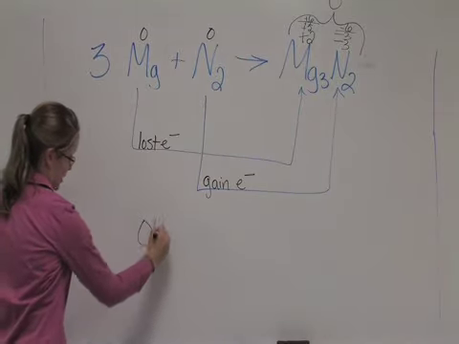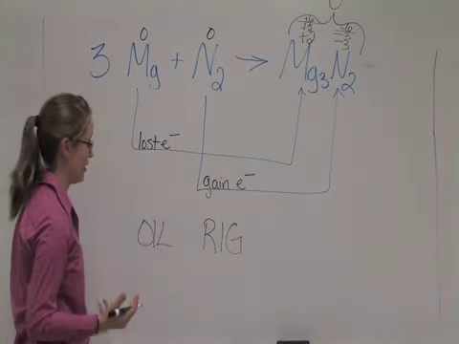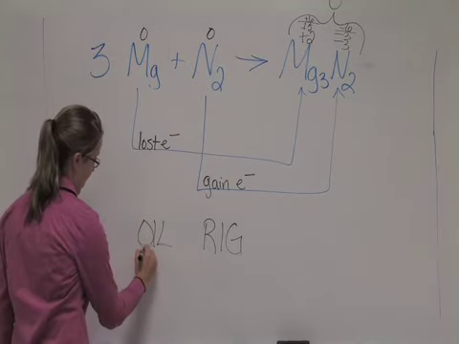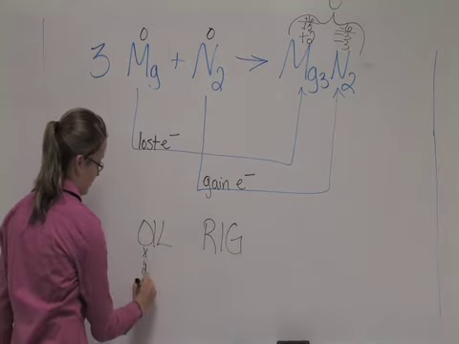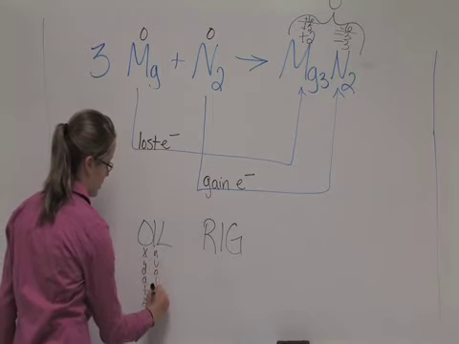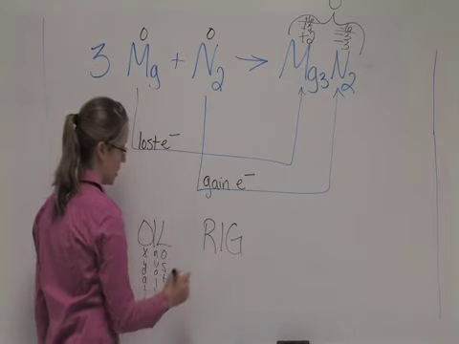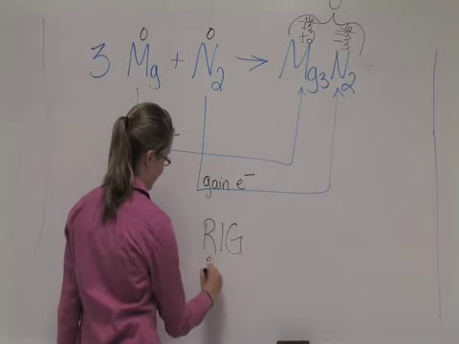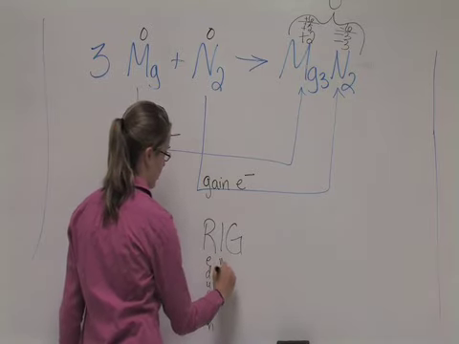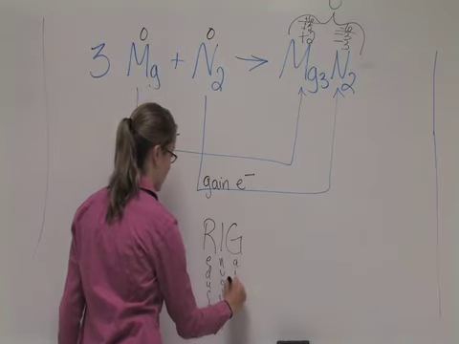Now, OIL RIG is the hint that helps me remember. Until I figured that out, this was really hard. But OIL RIG means oxidation involves lost electrons. Reduction involves gained electrons.